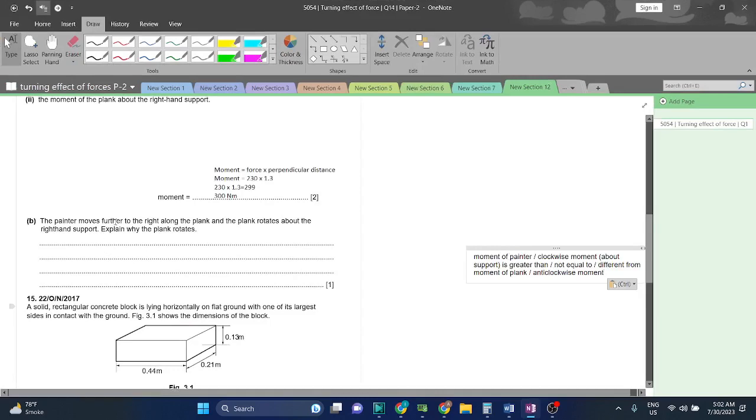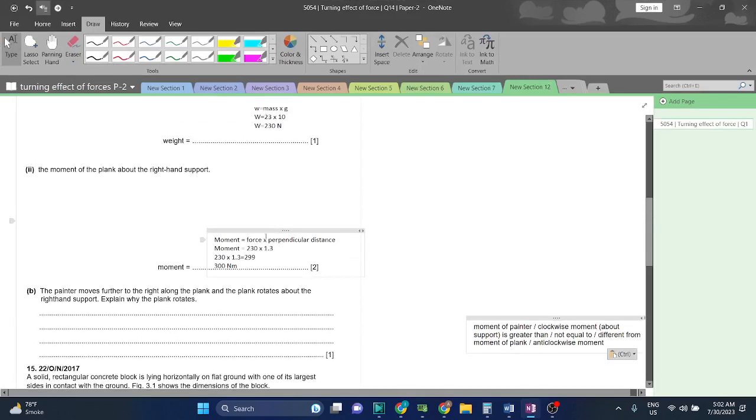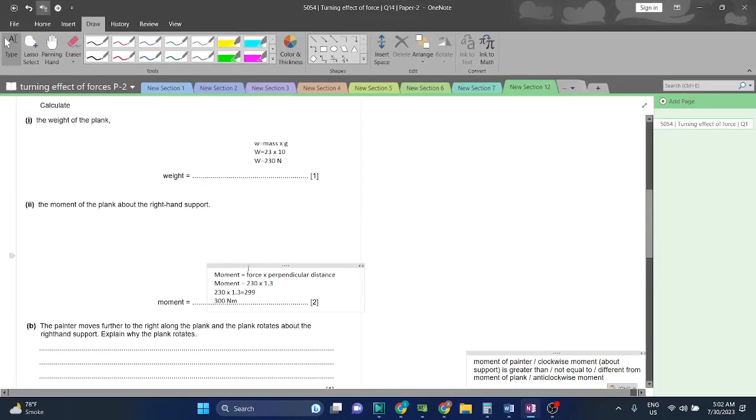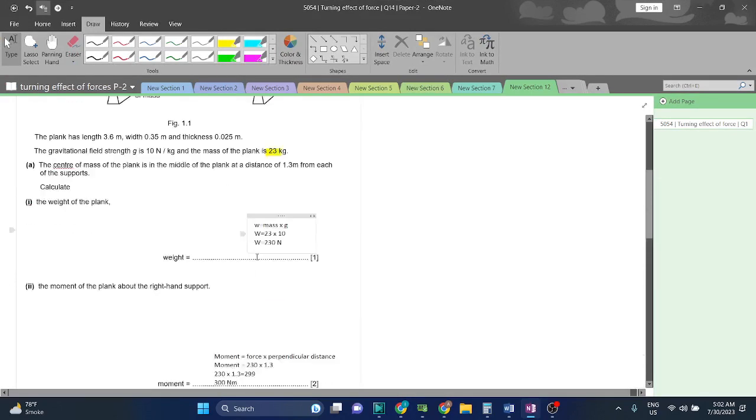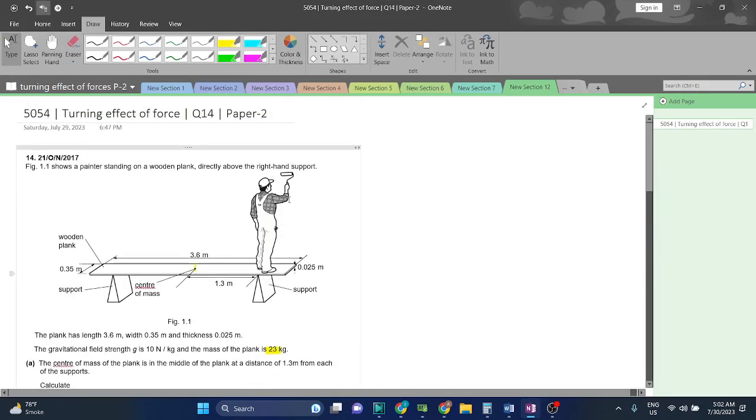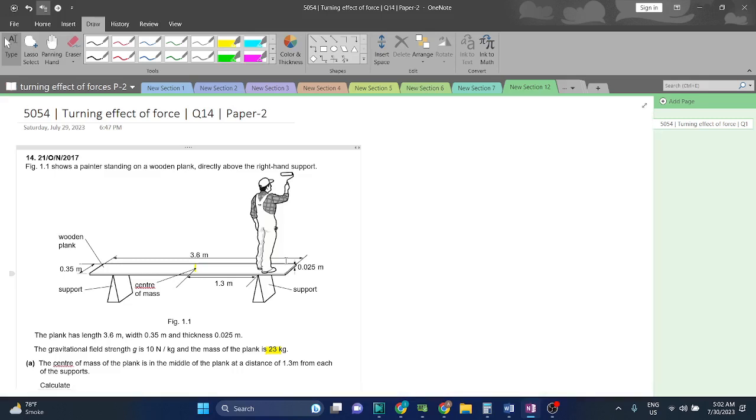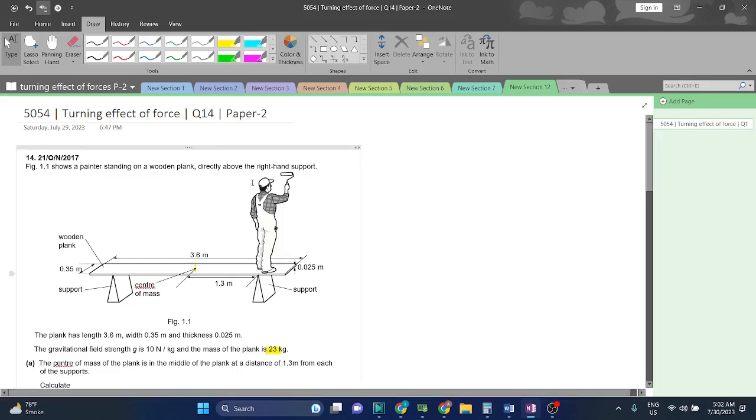The painter moves further to the right along the plank and the plank rotates about the right hand support. Explain. The painter was standing here and he has moved to the right, and then what happens is that when he goes to the right, he will gain perpendicular distance, and when he gains perpendicular distance, the moment will increase, because moment is dependent on two things, one being the force, the second being perpendicular distance.